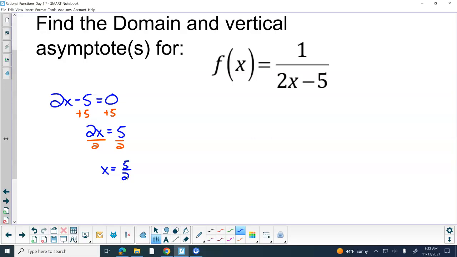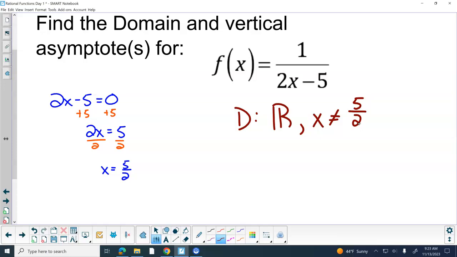So what is my domain? What would my domain be? All real numbers. So we would write it as all real numbers, x cannot be 5 halves. So what happens at x equals 5 halves?